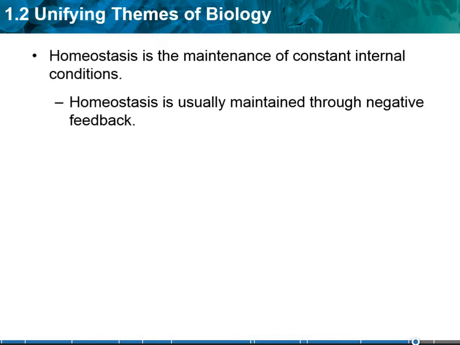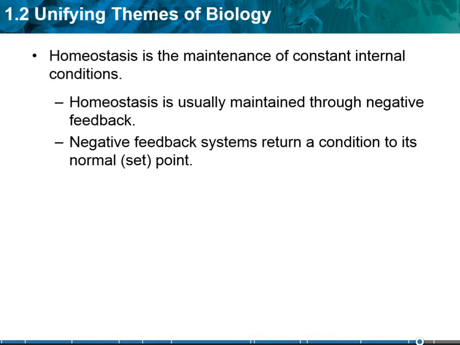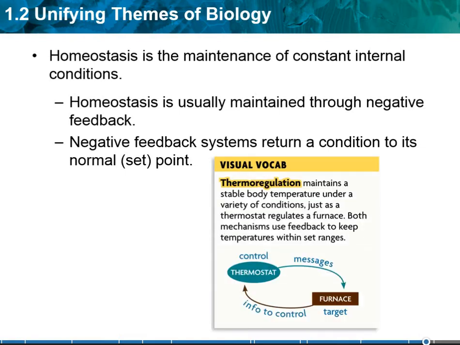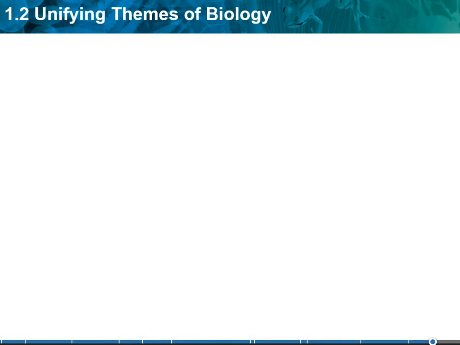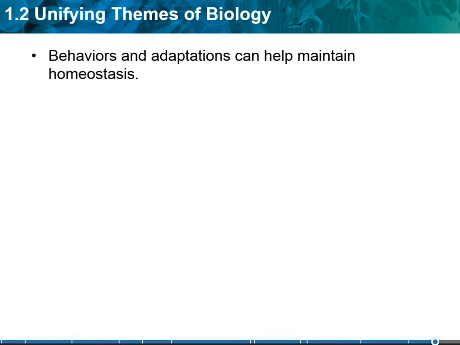Homeostasis is usually maintained through negative feedback. Negative feedback systems return a condition to its normal set point. So it's going back to what it wanted to be. When we look at behavior and adaptations, they can help maintain homeostasis.